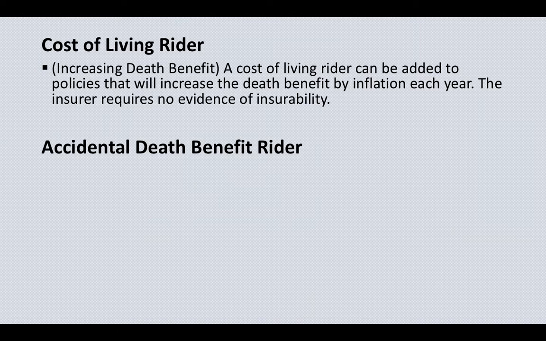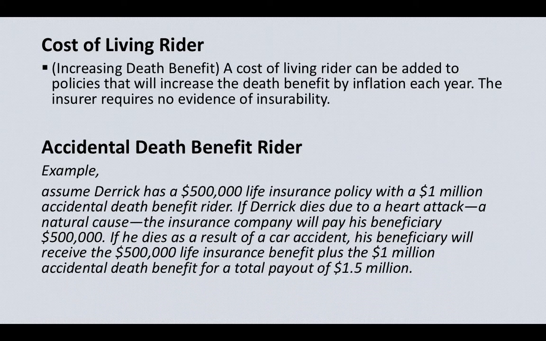Accidental death benefit. This is very interesting. This one is best explained with an example. Say Derek has a $500,000 life insurance policy with a $1 million accidental death benefit rider. If Derek dies due to a heart attack, a natural cause, the insurance company will pay his beneficiary $500,000.